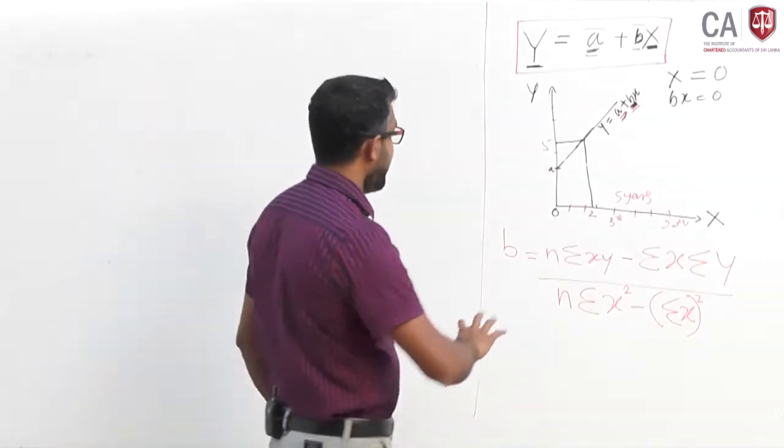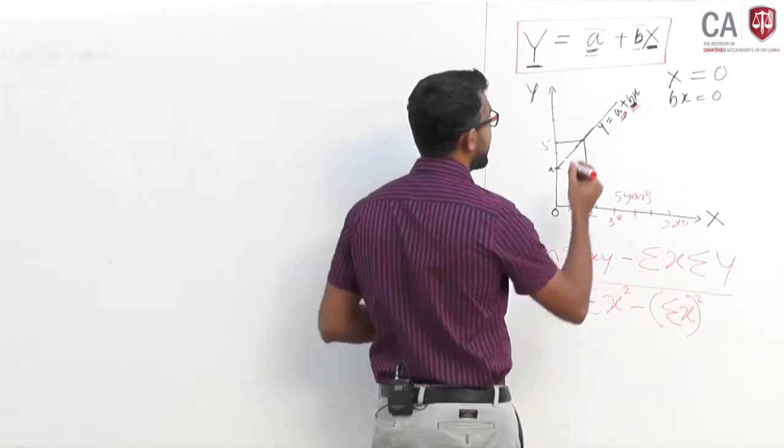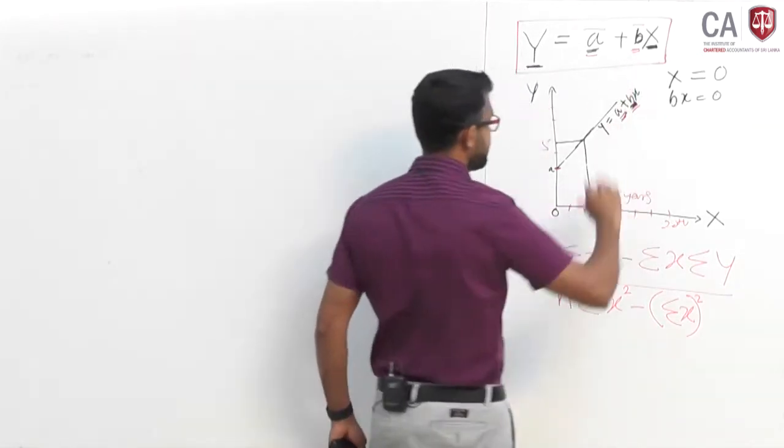So this is the equation. If you apply numbers to this equation, you can figure out b.